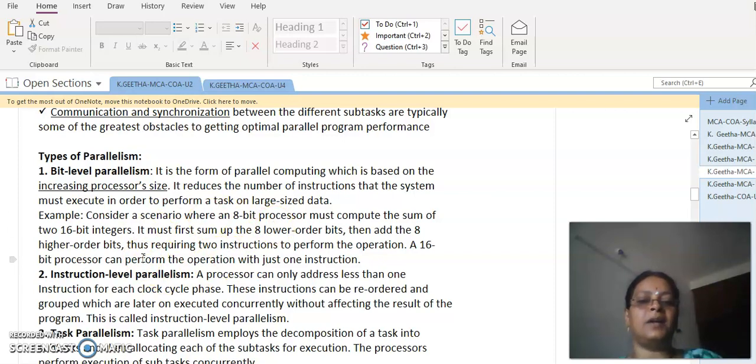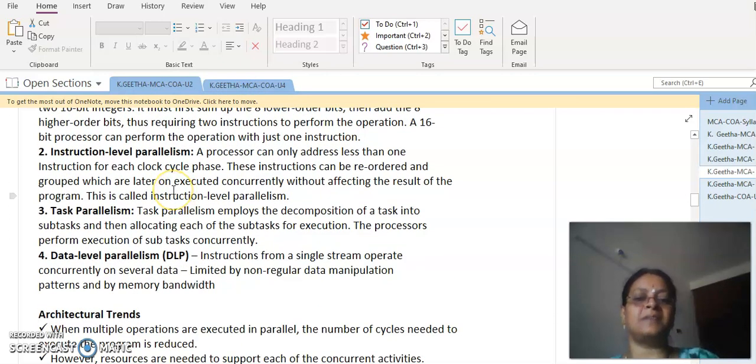And if we have two units available as infrastructure, we can feed these subunits of the data in parallel to these units and get the work done. So a 16-bit processor can perform the operation with just one instruction, and if it is an 8-bit processor, then it has to do the same thing in a twofold manner. So parallelism at the bit level comes under the category of bit level parallelism.